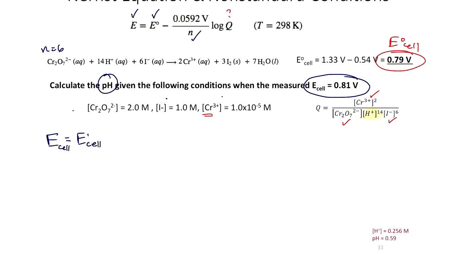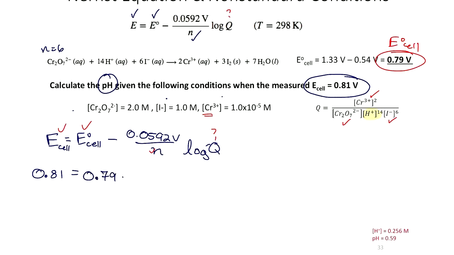So E cell equals E cell at standard conditions minus 0.0592 volts over N log Q. And so again, we know all of these values. I'm going to solve for Q in this case. So the measured E cell is 0.81, which equals what it usually is at standard conditions, 0.79, minus 0.0592 over 6 log Q.